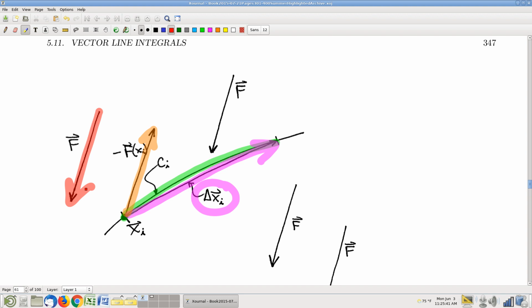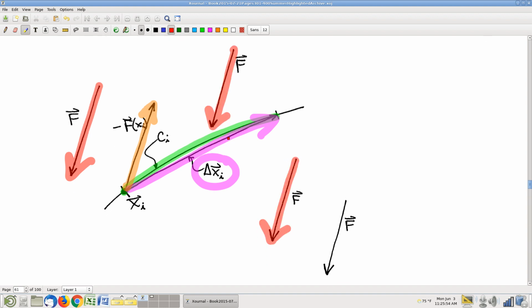That's the circumstance we're in here. The vector field in red represents the external force that we are resisting, moving contrary to it. So the force I have to apply is exactly the opposite of the force I am trying to overcome. How are we doing? Is everybody on board?